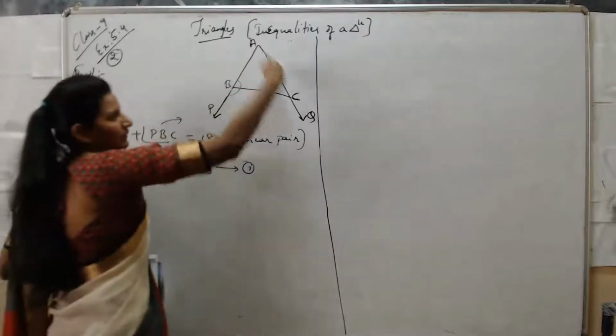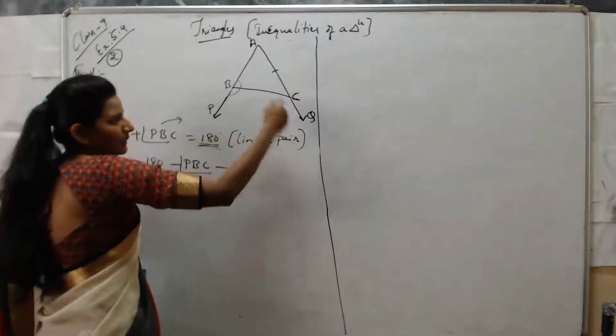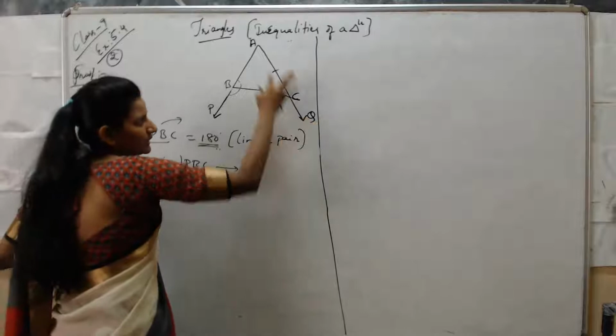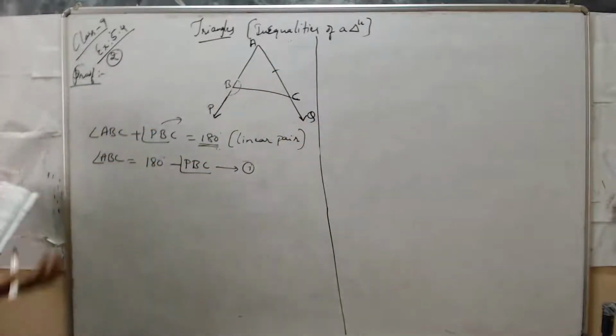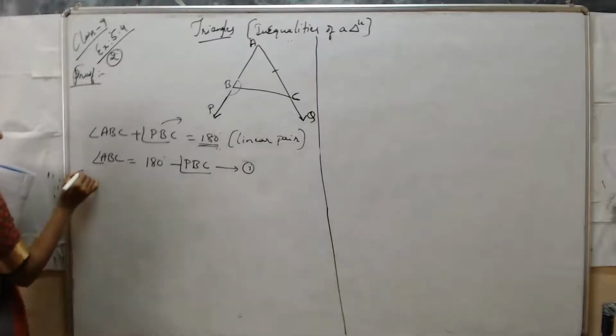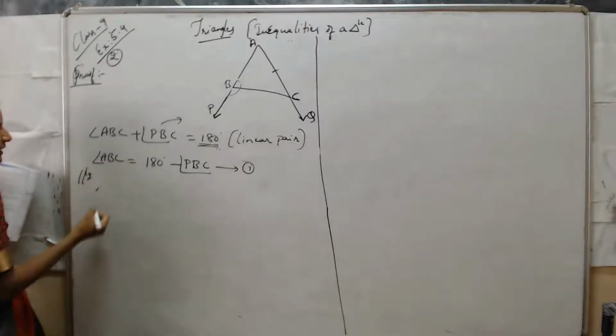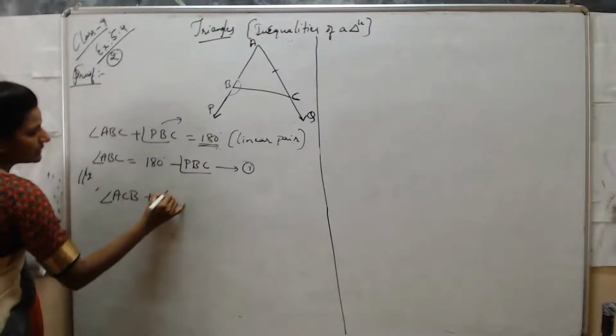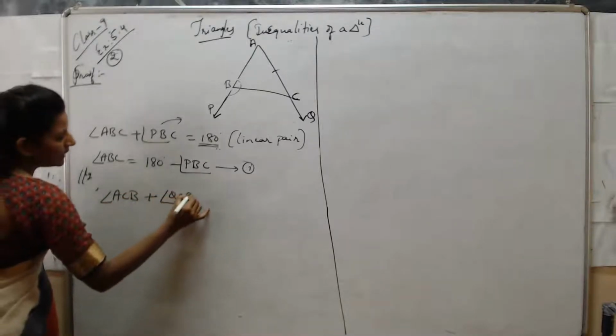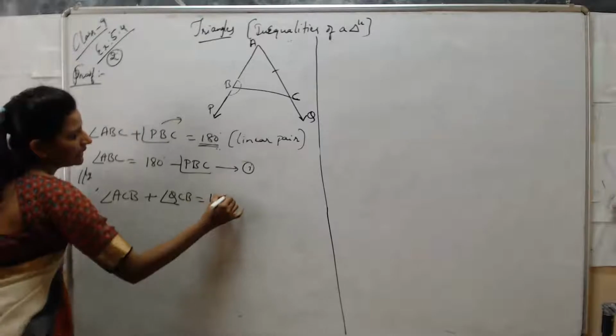Again, angle ACB plus QCB is equal to 180 degree, again by using linear pair. Similarly, angle ACB plus QCB is equal to 180 degree.